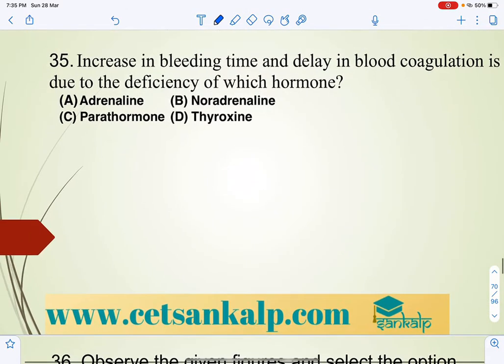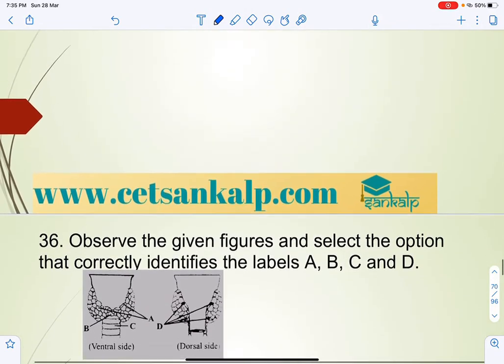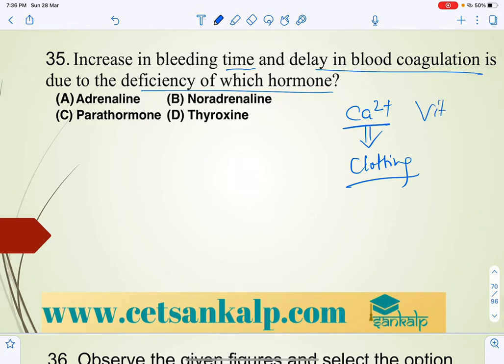Next, increase in bleeding time and delay in blood coagulation due to the deficiency of which hormone. If you consider the bleeding time, the calcium level, if maintained, is very important and plays a major role in clotting, and also vitamin K. These are the important factors for clotting.